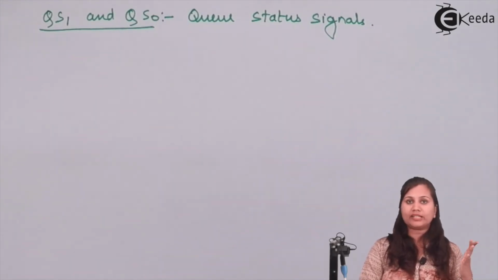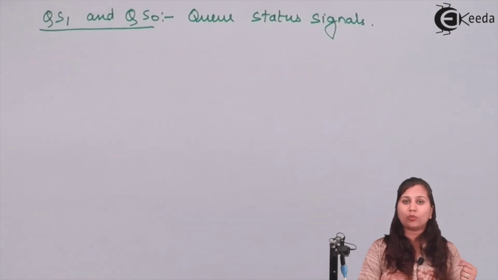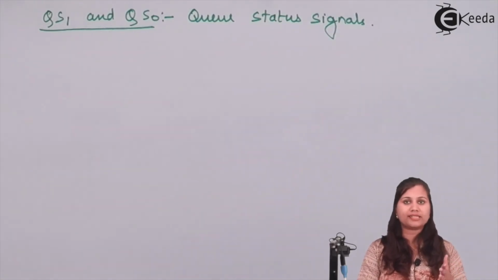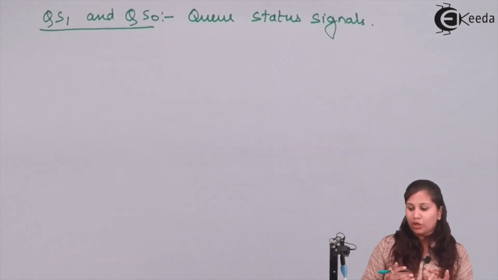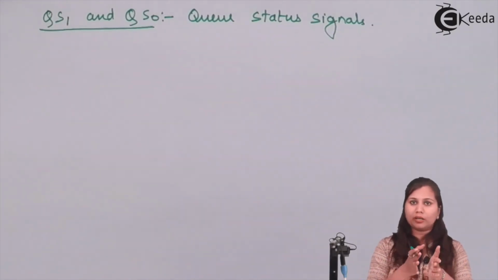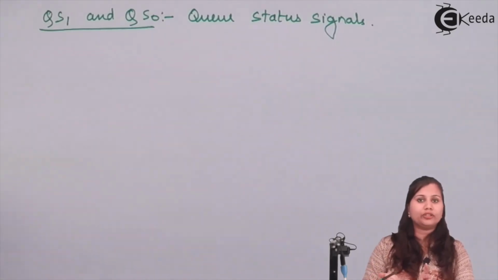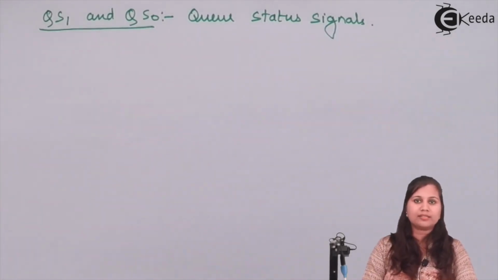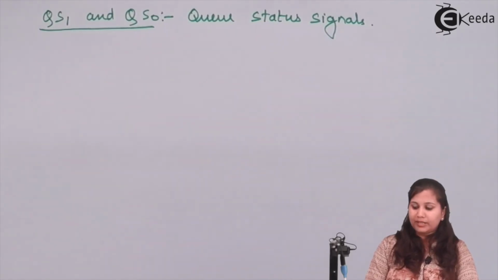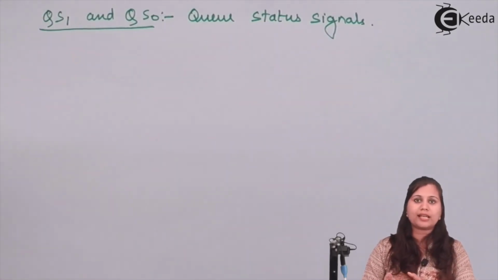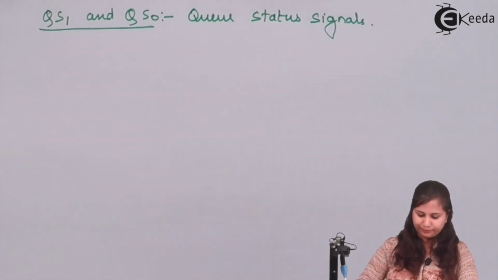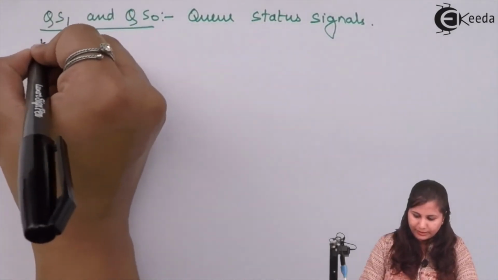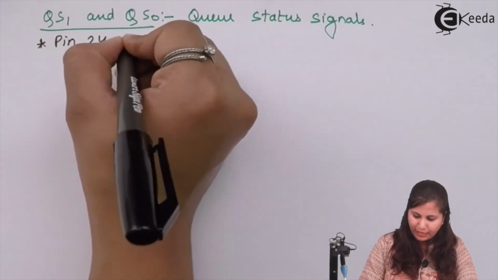It has the quality of prefetching 6 instructions at a time, meaning that the operation codes of 6 instructions can be fetched at the same time. So these 6 instructions will form a queue. What is the status of the queue? That is revealed by the two signals QS1 and QS0. These two signals have different combinations, and those combinations indicate different status of the queue. These are available at pin number 24 and 25.